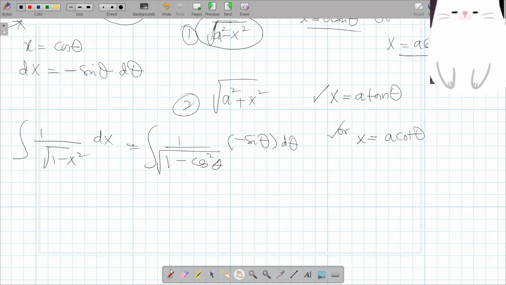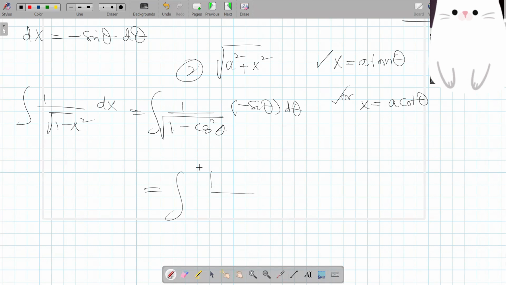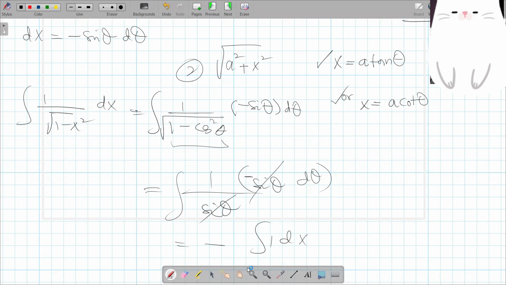Square root of 1 minus cos square theta is equal to the square root of sine square theta, so only sine theta will be left. This sine theta will be cancelled. You are left with negative antiderivative of 1 only.